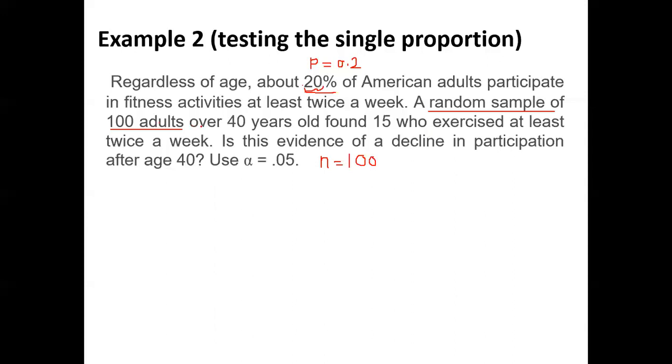A random sample of 100 adults over 40 years old found 15 who exercise at least twice a week. So 15 people, that is x, is equal to 15.